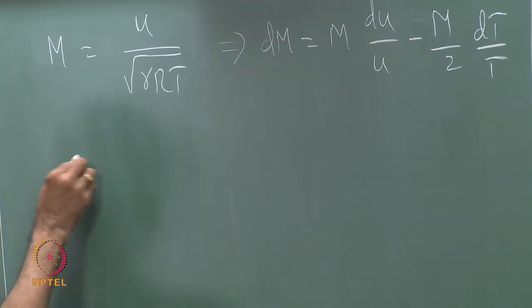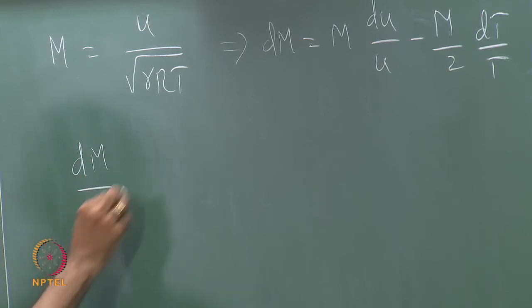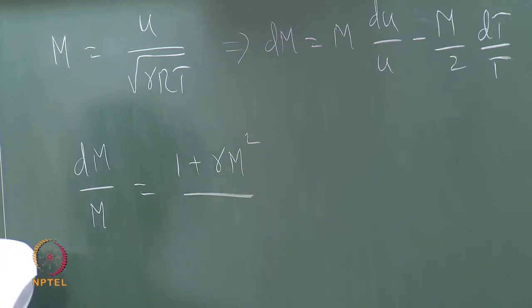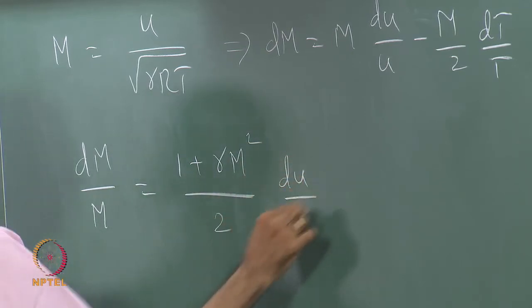This gives me dM over M is equal to 1 plus gamma M square over 2 times du over u.